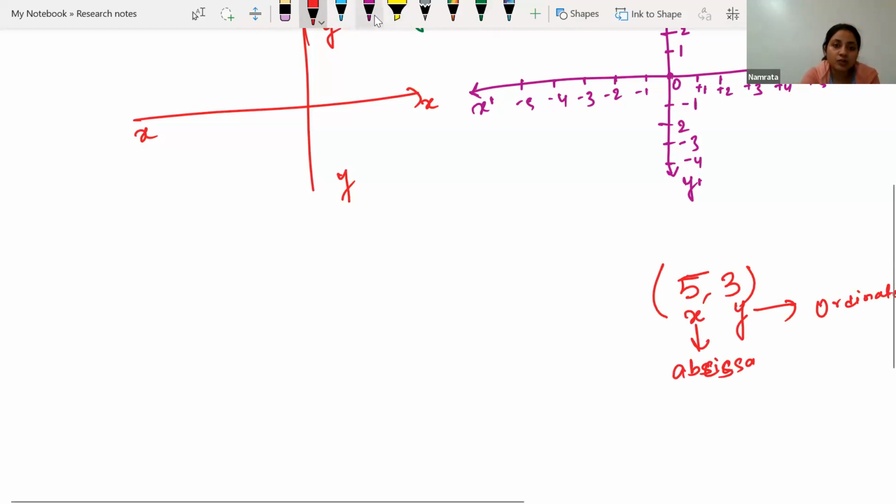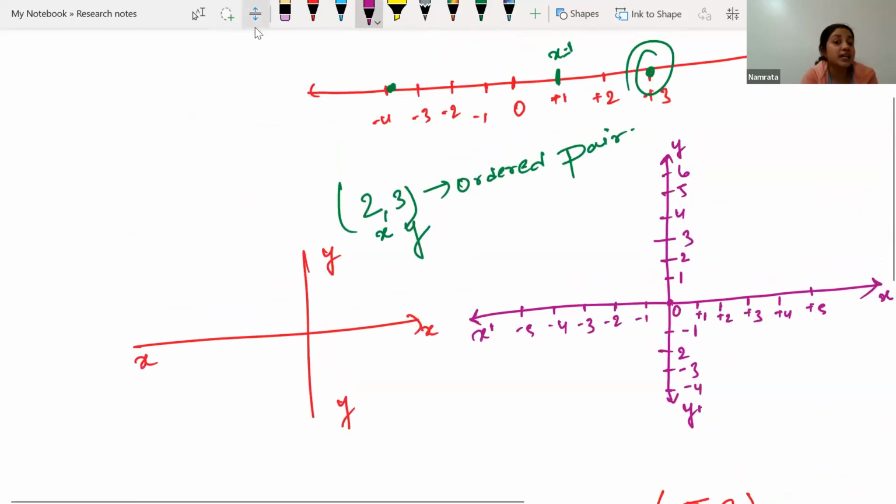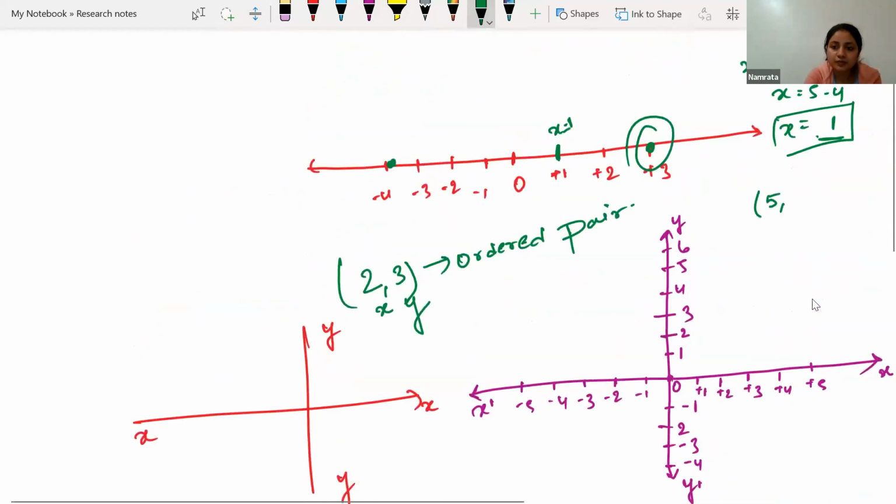Now we will locate this point in the coordinate axis. If we have 5 comma 3, that means x is 5, y is 3. This is the very first thing you need to know. Whenever a point is given in a pair, in a bracket, you need to know that the first one is x and the next one is y.